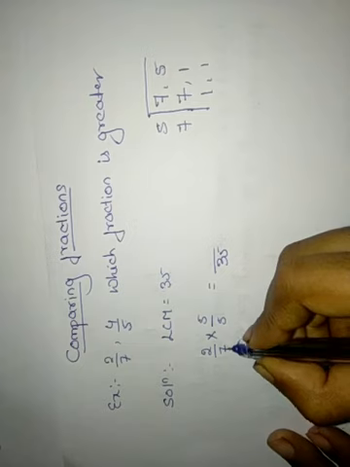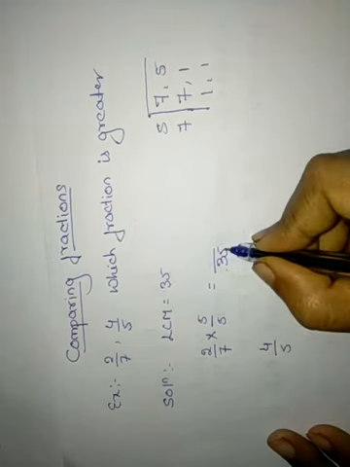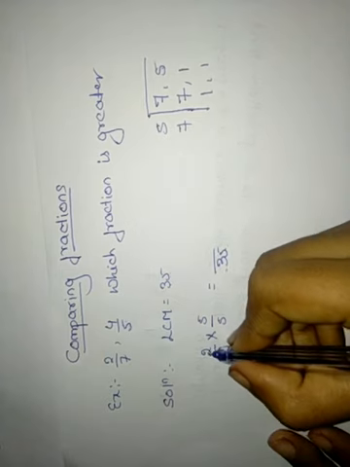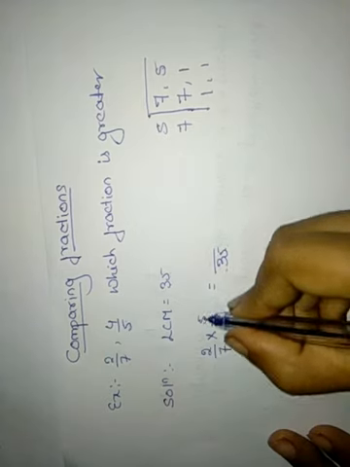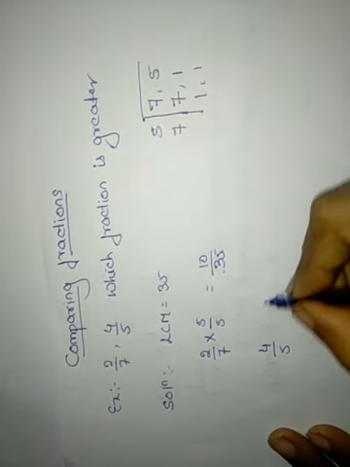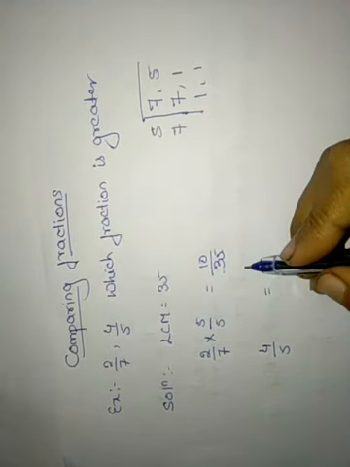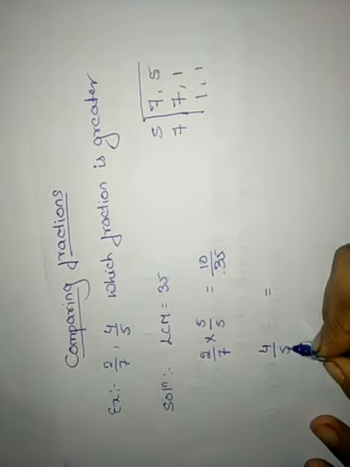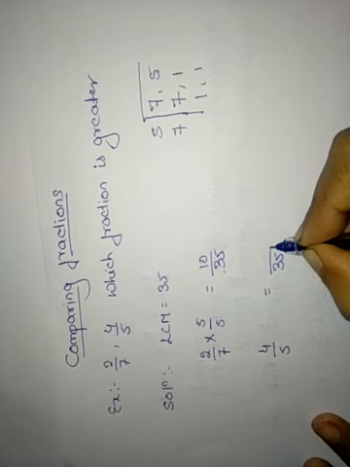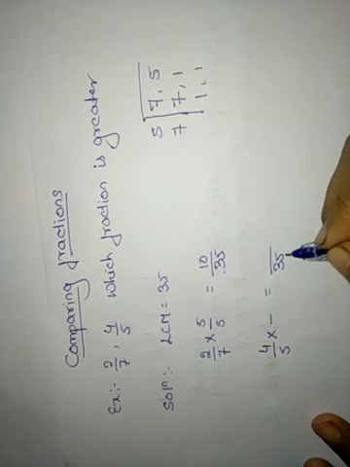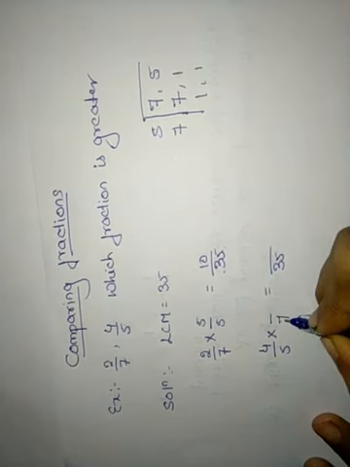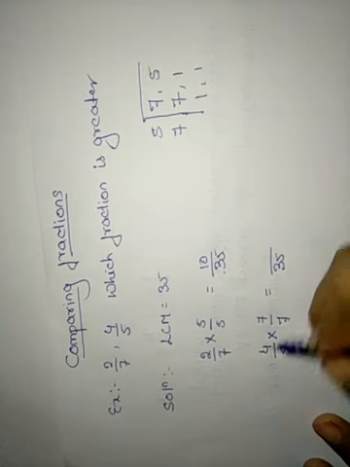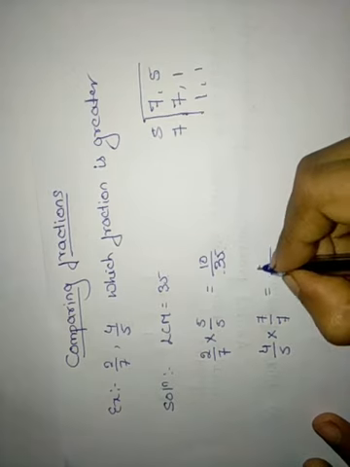So we get 35 at the denominator, that is 7 5s are 35. So now the numerator will become 2 5s are 10. We have to make the denominator value the same, not the numerator value. Again here, to make this denominator 35, I will multiply and divide by 7. So we get 5 7s are 35, 4 7s are 28.